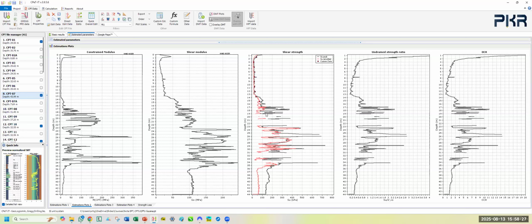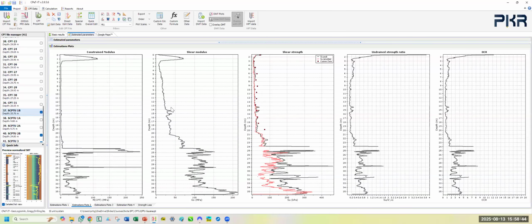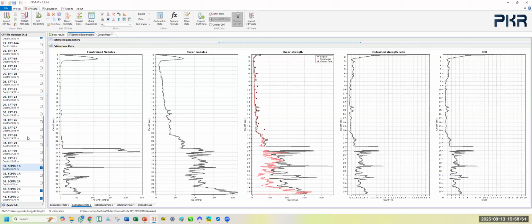We have a lot of vane shear testing here that we correlate very well with this. Also we have vane testing, but what I want to show you is this.